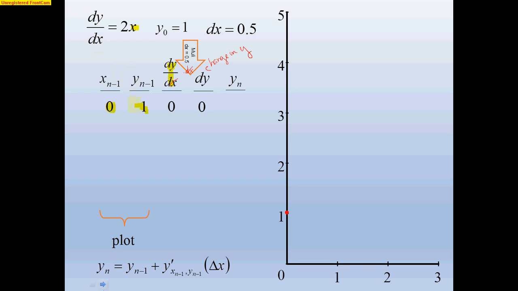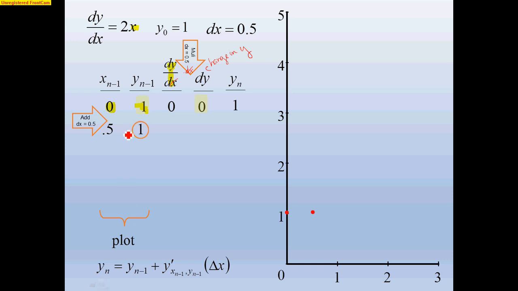And if you remember, that's what happened when we used the linearization formula. So this is my new y. Change your x by your delta x, 0.5. Bring your new y down, which of course becomes your old y, and plot that point. Now repeat the process.